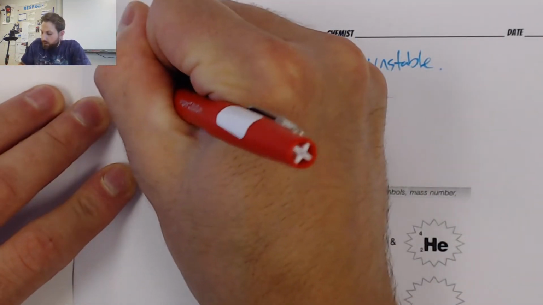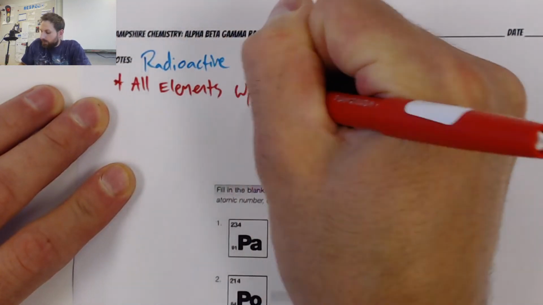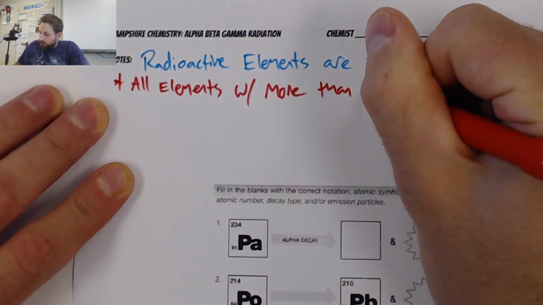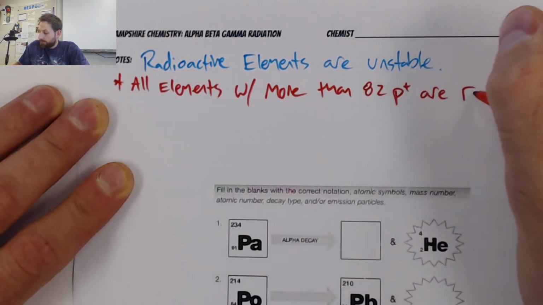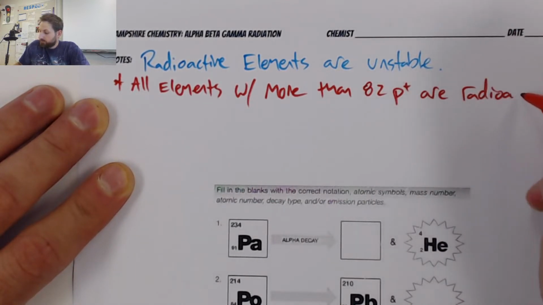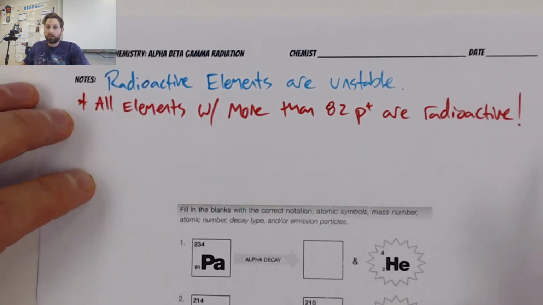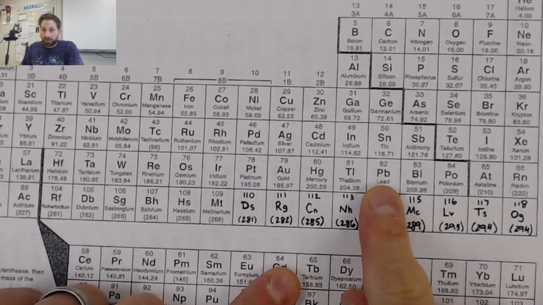So all elements with more than 82 protons are radioactive. If you look at a periodic table, atomic number 82 is lead.